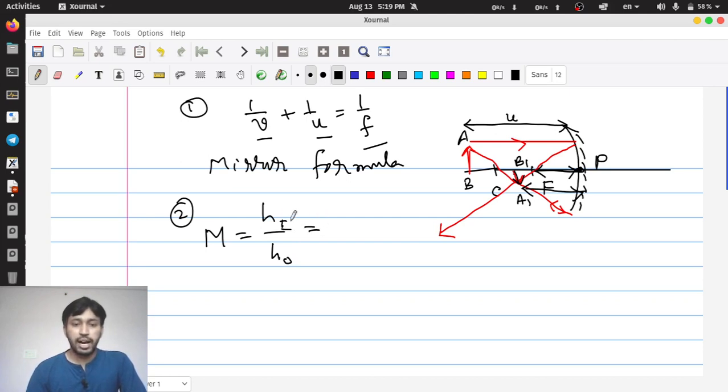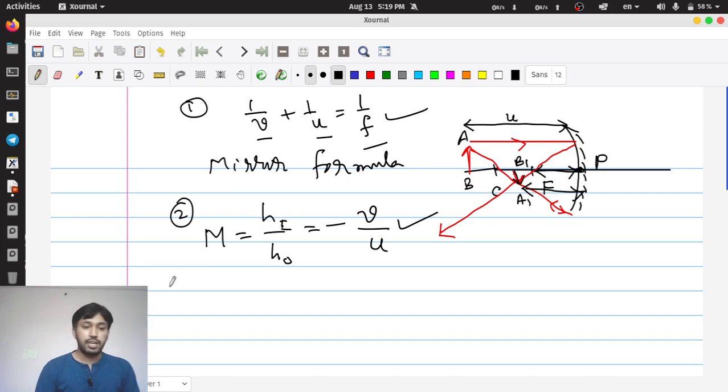So the ratio of the image height to the object height is called linear magnification. And this is minus v by u. This is very important.